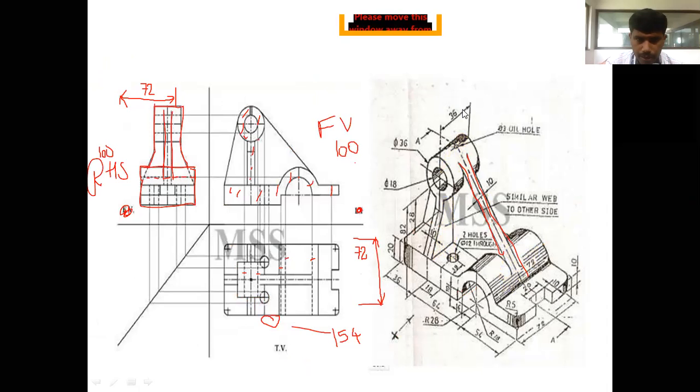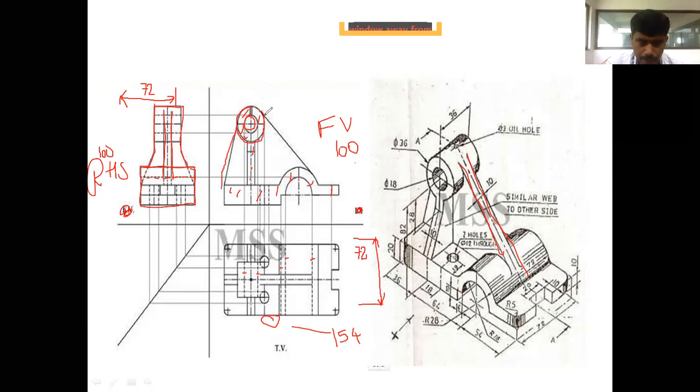Next we'll be seeing the sectioning. These are all the front views. There is a hole and all these things, the front view with this line.